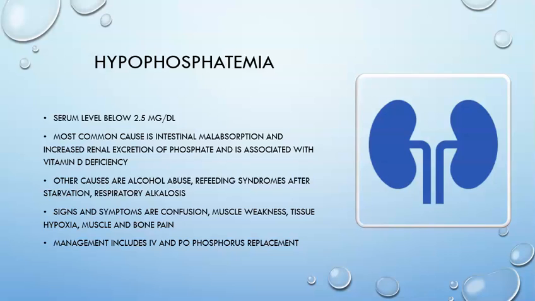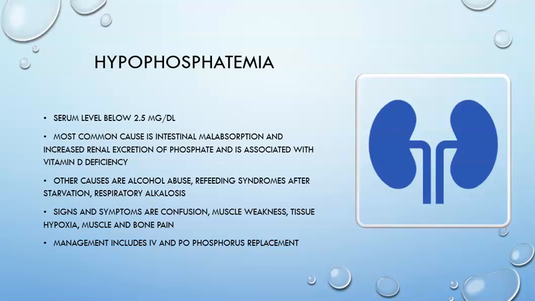Hypophosphatemia is when our serum phosphorus level is below 2.5. Our intestines aren't absorbing the way they should, and then we have our kidneys that have an excessive excretion of phosphate. You'll see a vitamin D deficiency with these patients. Alcohol use or abuse, so excessive alcohol use, refeeding syndromes after starvation.